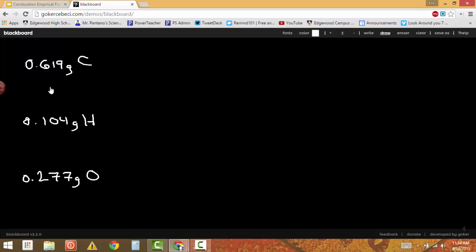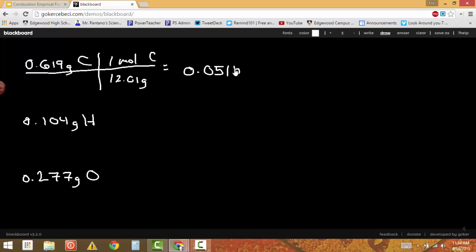So let's do that. I started with 0.619 grams of carbon, 0.104 grams of hydrogen, and 0.277 grams of oxygen. That's step 1, the mass of each element. Step 2 was to convert each of those masses to moles. 1 mole of carbon is 12.01 grams. That gives me 0.0515 moles of carbon. 1 mole of hydrogen is 1.01 grams.